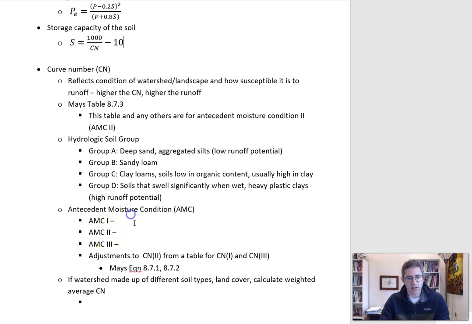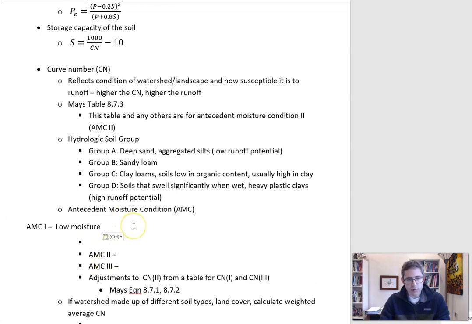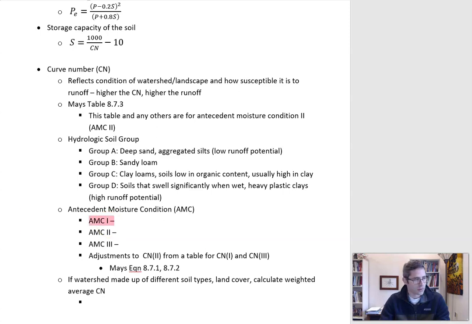AMC1 is a low moisture condition, where say it's the end of the summer, it hasn't rained yet, and so the soil's really dry, it can take on a lot.